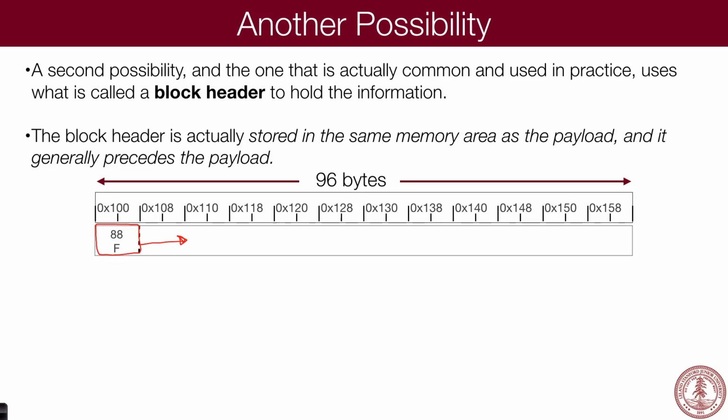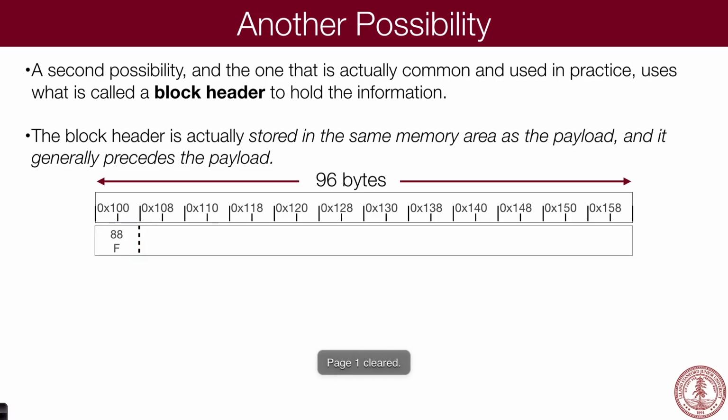Why is it 88 free bytes? Because it takes 8 bytes to hold that header. We don't have 96 bytes to give out to the program. We only have 88 right now. In fact, if we did a malloc of 88, that would be perfect. We would use the entire location, and that would be all we'd be able to allocate. But we can only allocate 88 because of this header.